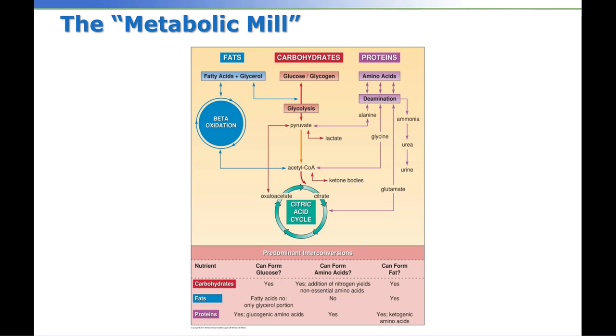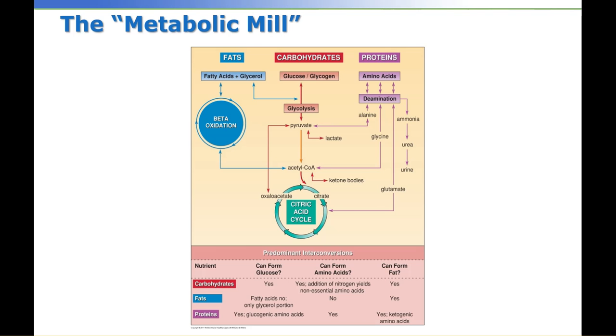Metabolic mill, so fats, carbs, and proteins. Okay, you have fats here, which we talked about all these already, but this is just a chart. And it just says here that the fats are fatty acids and glycerol. The fatty acids in the fats go through the beta oxidation pathway, which then end up becoming acetyl-CoA, and then that's what we talked about.